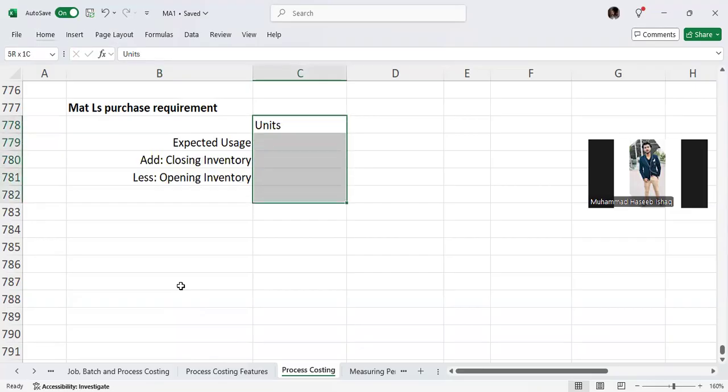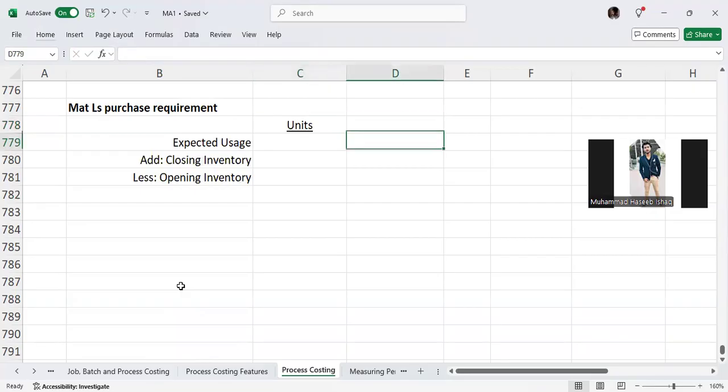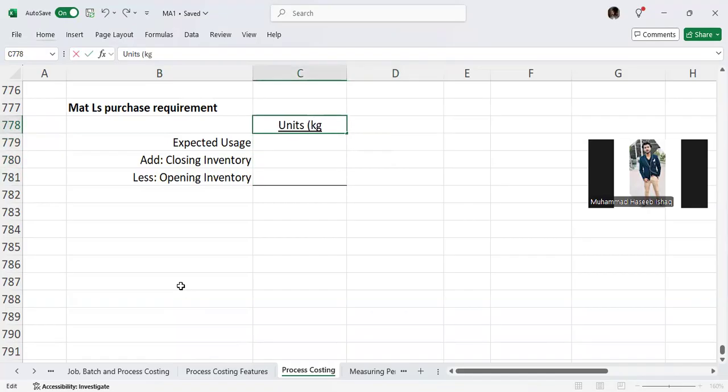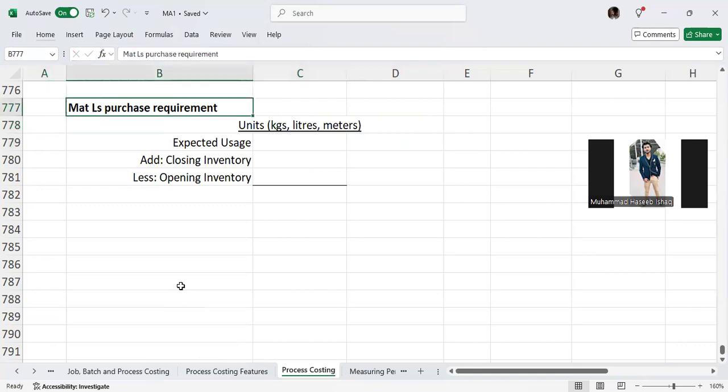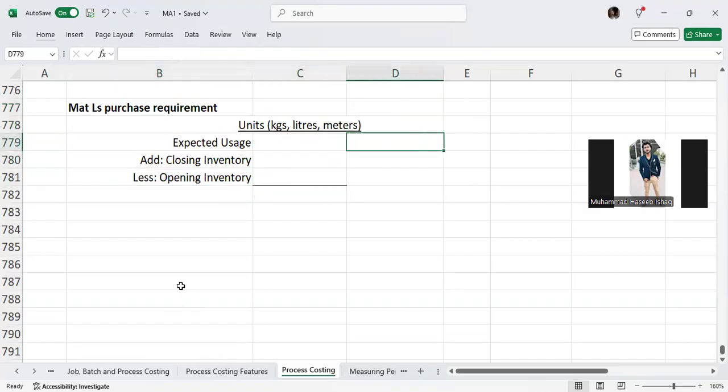This calculation is done in units, meaning kgs, liters, meters, or however you measure your material. So you calculate the expected usage, add closing inventory, and then deduct opening inventory. The figure you come up with is the material's purchase requirement. This is simply the formula for the purchase requirement calculation for any material.